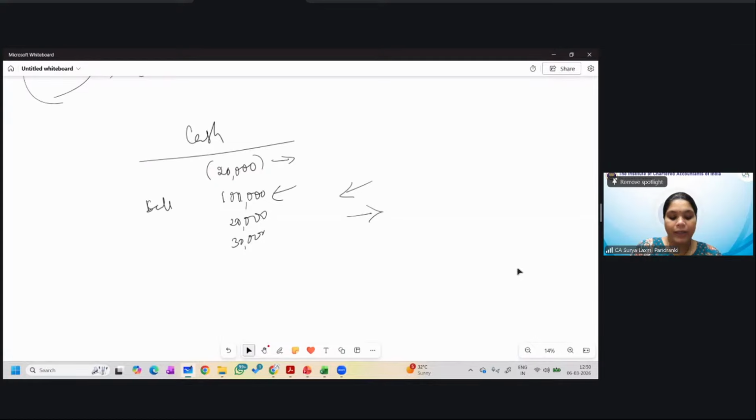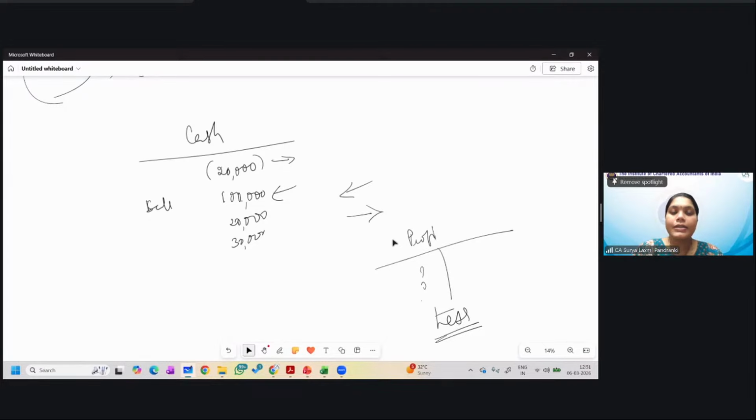These accounts are mostly maintained by small businesses, very small businesses, where maintaining so many books, consolidating them, preparing the final accounts and then calculating how much profit you got by the end of the year becomes very difficult. Such businesses don't have many transactions, very few transactions. In such cases, single entry systems will be followed.